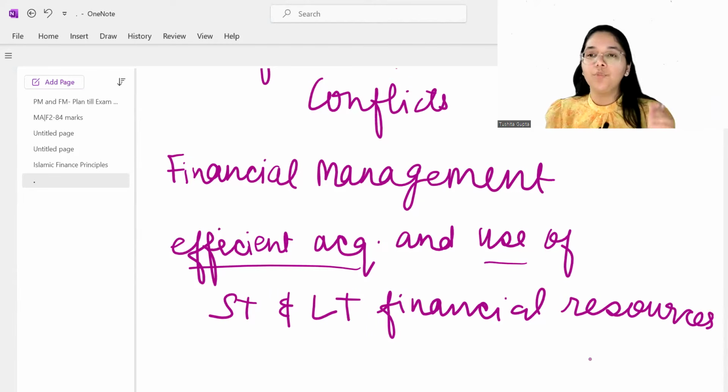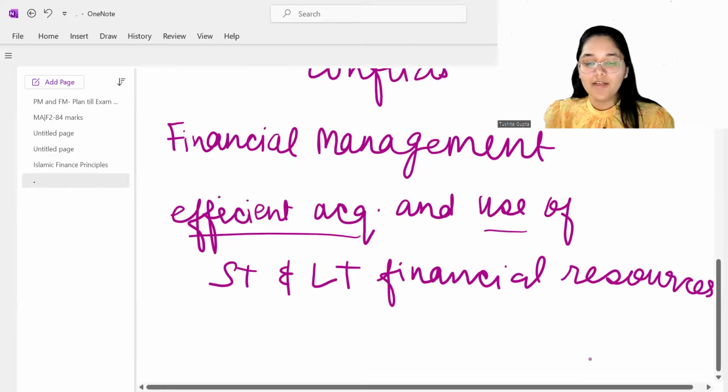This will pertain to both short-term as well as long-term financial resources. Financial management will optimize the way both of these resources are used. So this is what we briefly mean by the definition of financial management.